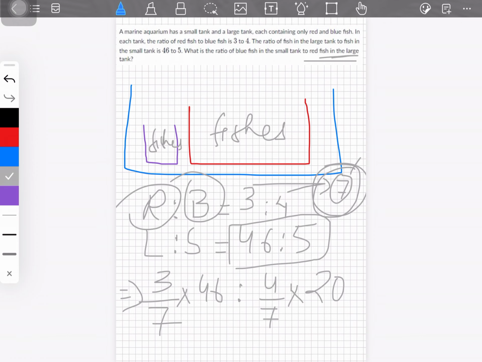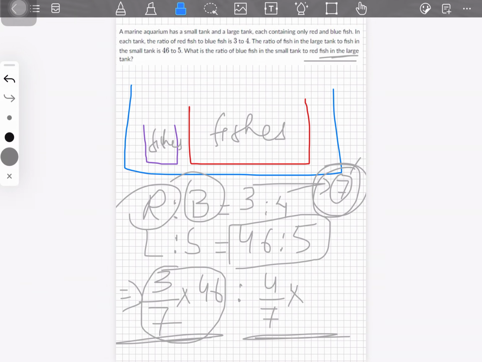You have to understand that 3 by 7 of 46 is the number of red fish in the large tank, and 4 by 7 of 5 is the number of blue fish in the small tank. Oh sorry, it's not 20, it is 5. Of course it's 5, and 4 times 5 is 20. So let's go to the next step.